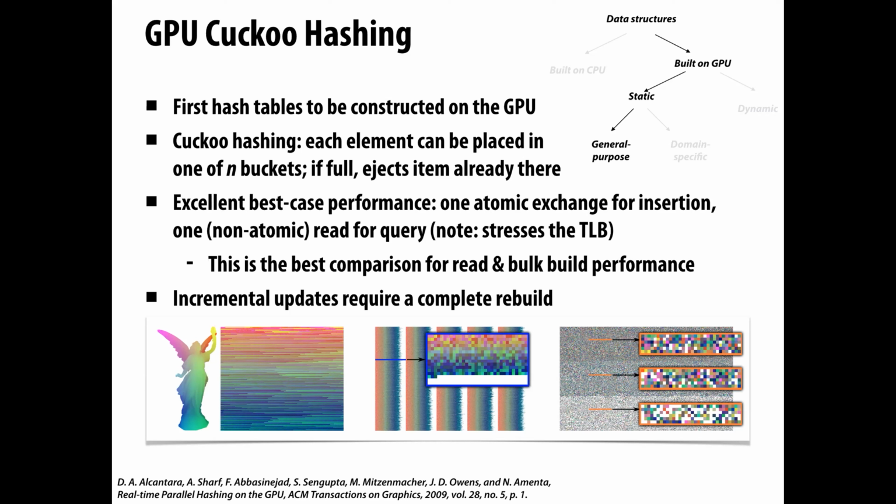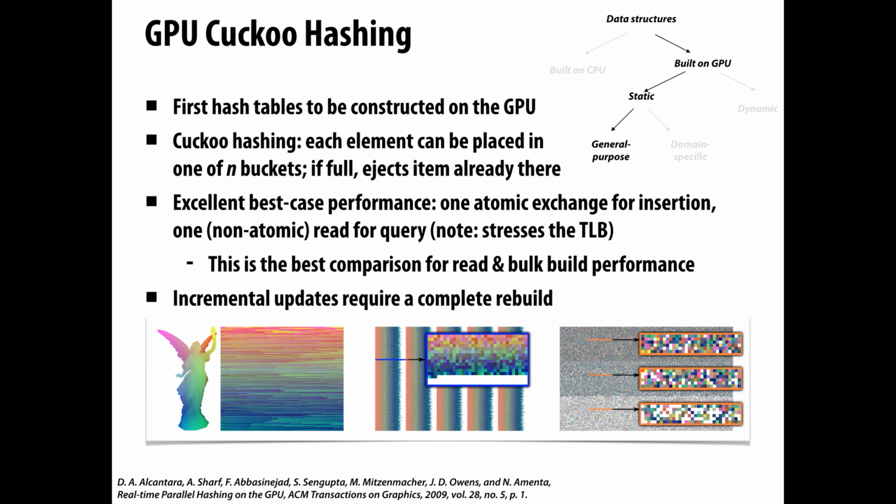The nice part here is that this had really good best case performance. Basically, lookups were one read from global memory, and insertions were just an atomic exchange into global memory. These were uncoalesced, but it's a very small amount of memory accesses. So usually this is a very good comparison for read and bulk build performance.